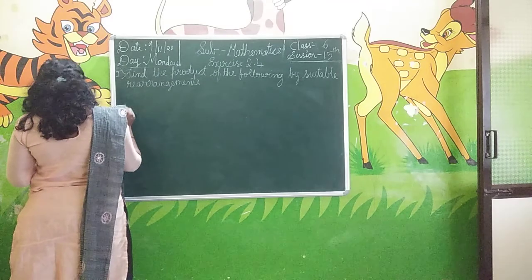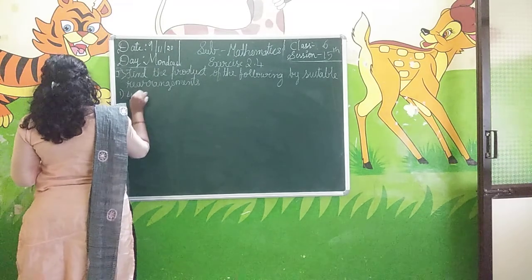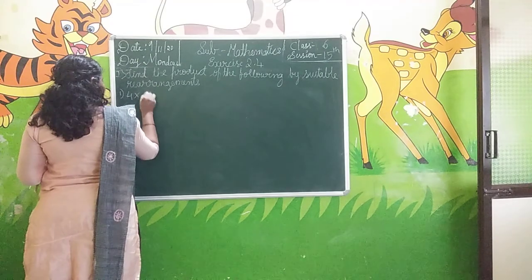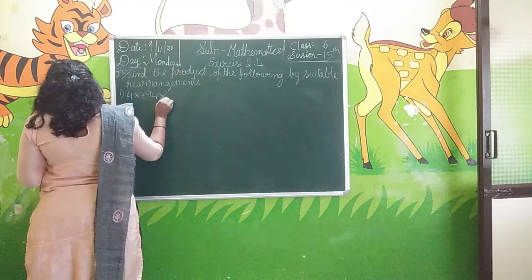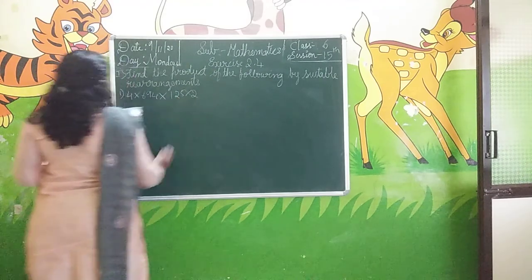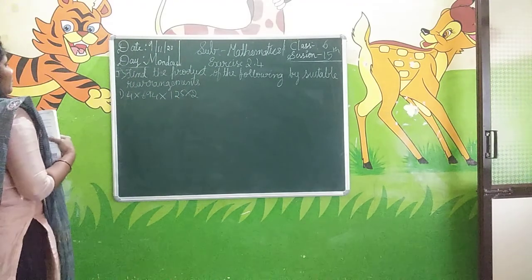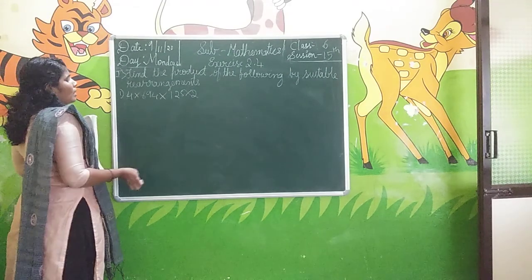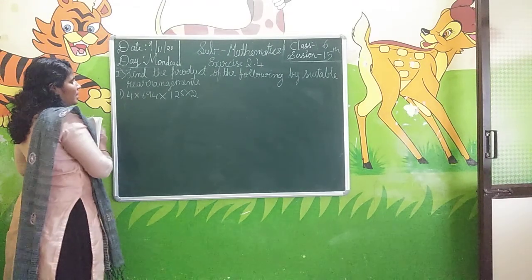What is the first question? 4 into 694 multiplied with 125 into 2. By proper grouping we can do the multiplication very easily.